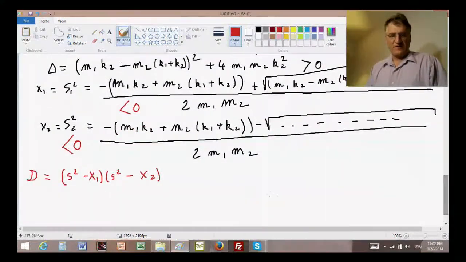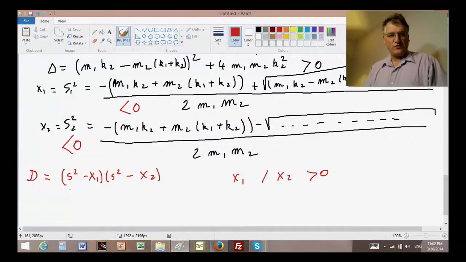And therefore, since x1 and x2 are negative, that corresponds to two resonances.